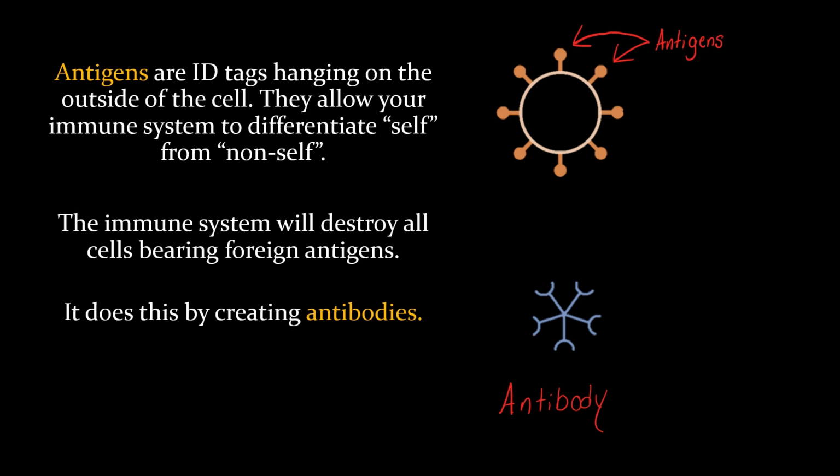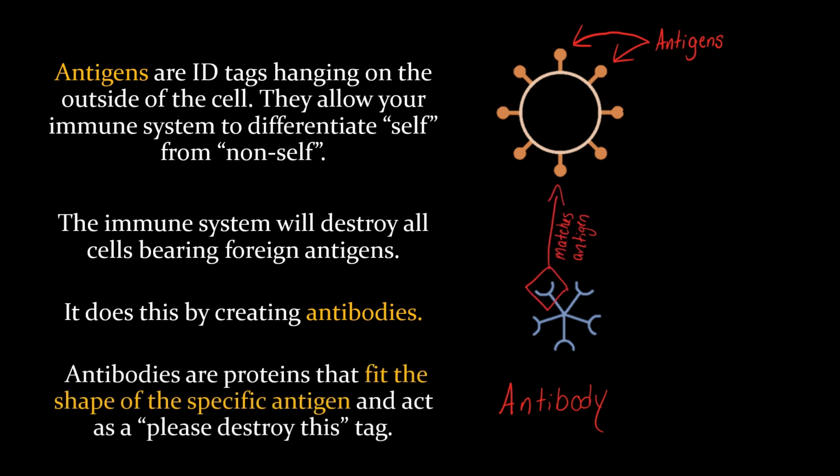So an antibody is a protein that fits the shape of the specific antigen. So the receptor on the antibody binds to the antigen, and it's going to act as a please destroy this tag. So when antibody binds to antigen, that is going to attract other immune system cells to come destroy that.